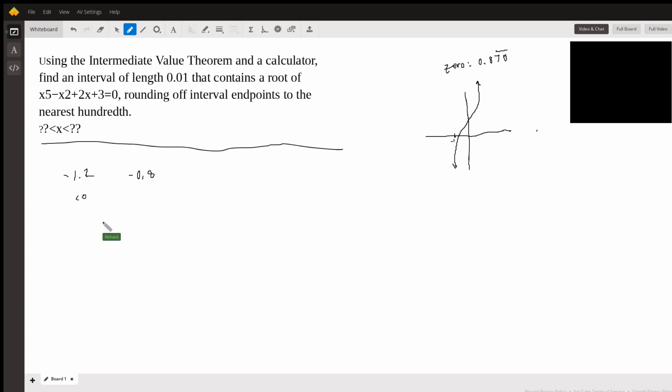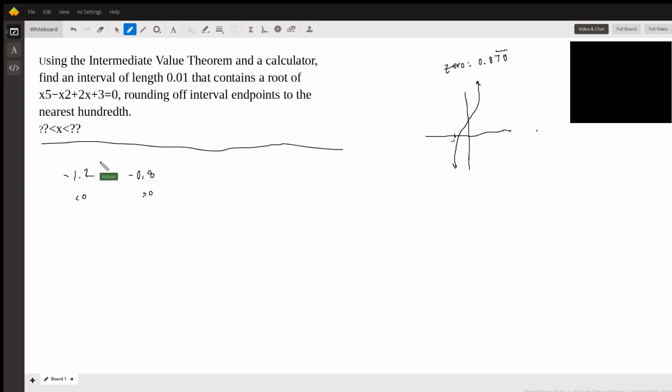And at -0.8, I'm getting a positive value for y. So what the intermediate value theorem says is that there must be a point between -1.2 and -0.8, a point inside this interval where the curve goes through 0.